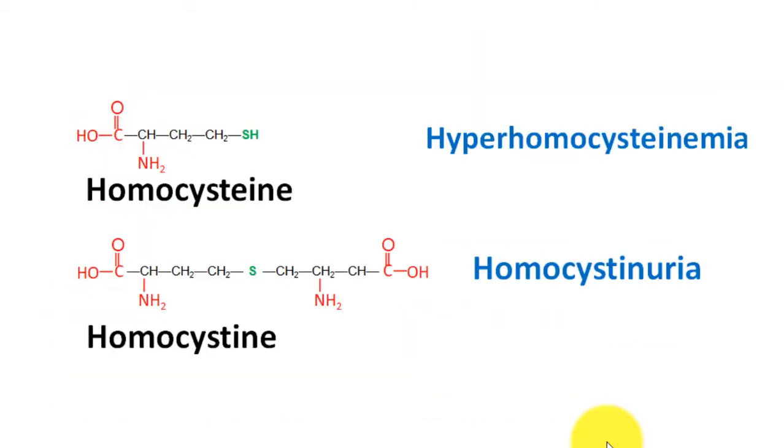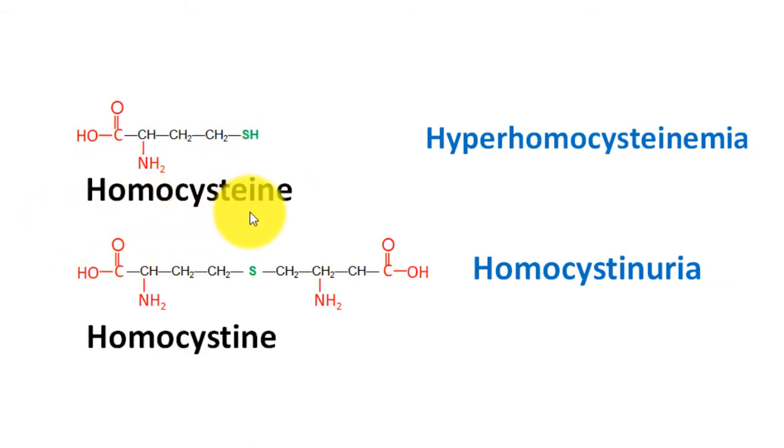Now let's talk about these two conditions, homocystinuria and homocysteinemia. Homocysteine is a single amino acid, converted from methionine.